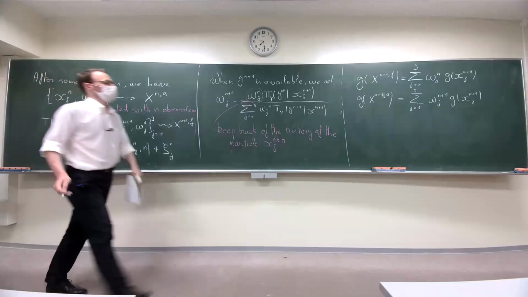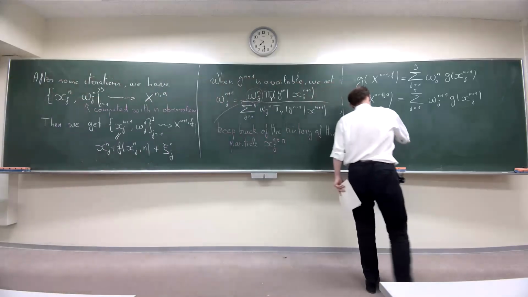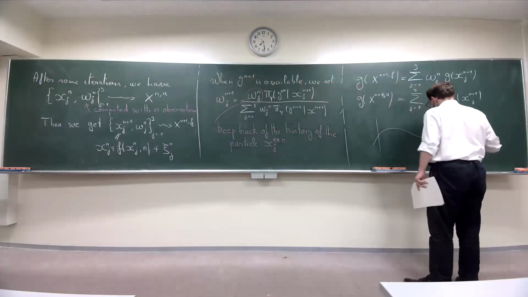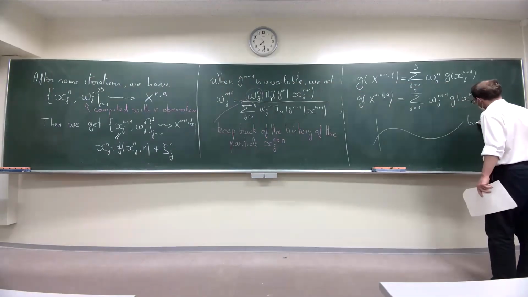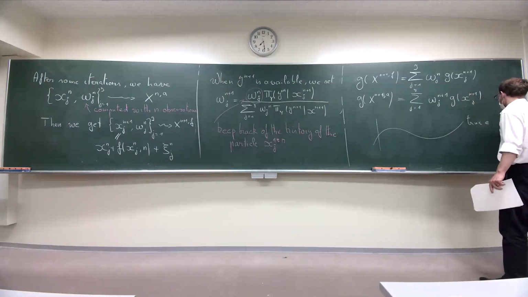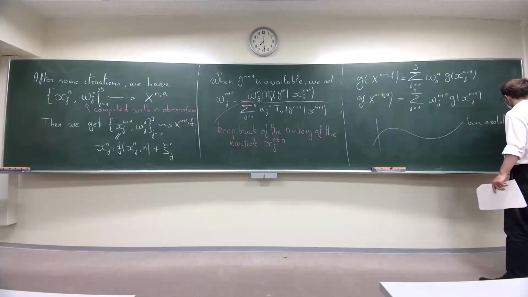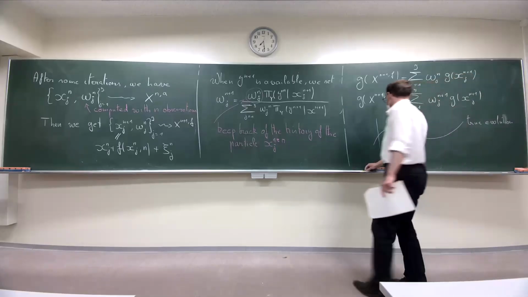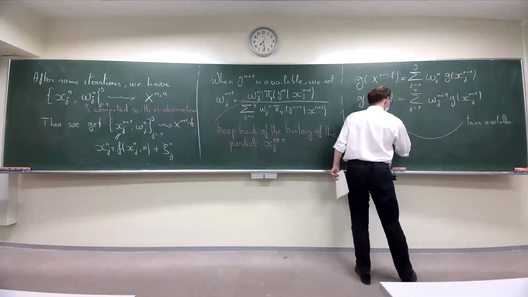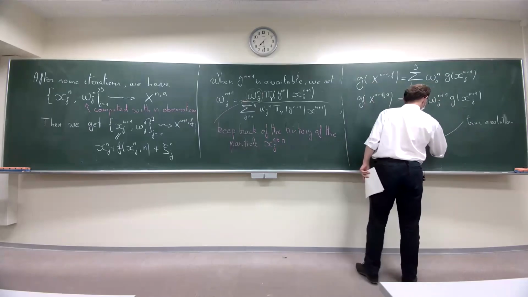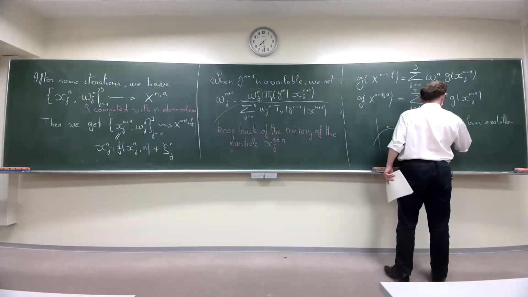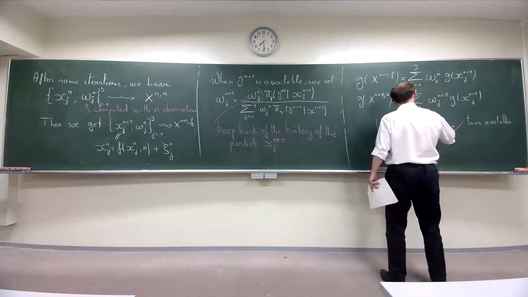So if I try to make a picture, again, we have the evolution. This is a true evolution. So our system, true evolution. Sometimes it's called the truth. I do some measurements. So these are, sometimes I have good ones, sometimes they're not so good. These are observations.